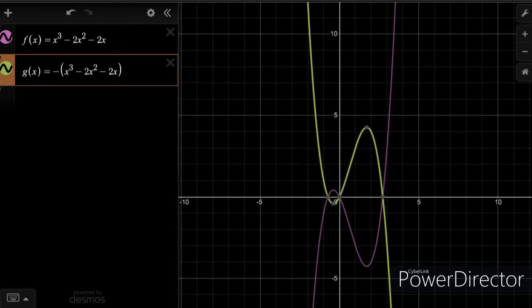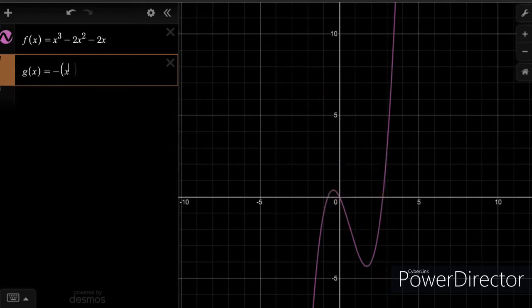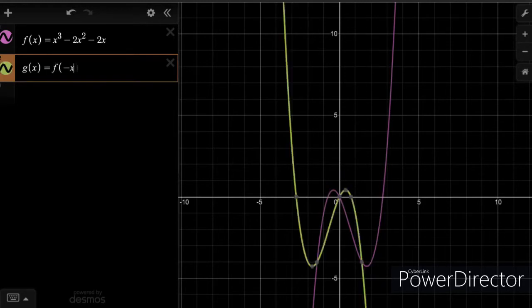Now, what if we wanted to flip it over the y-axis? Well, then instead of putting a negative on the entire expression, what we want to do is replace our x's with a negative x. So you could say that that's going to be f of negative x. And that has the effect of everywhere you saw an x before, you replace it with a negative x. And notice, it did exactly what we expect.